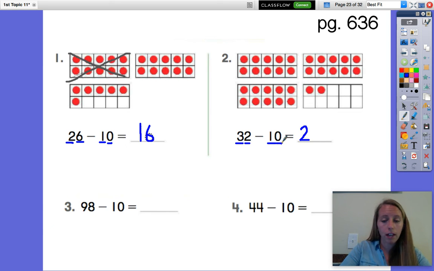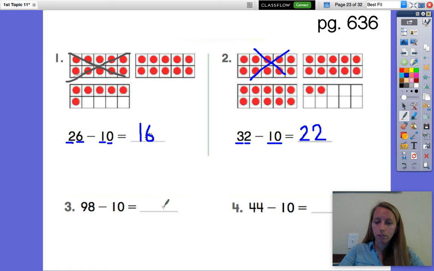Remember, anytime you add or subtract 0, it doesn't change. So the ones place stays the same. 2 minus 0 equals 2. So 32 minus 10 equals 22. Let's prove it. Let's take away 10 from our tens frames. We had 32 in all. We took away 10. How many do we have left? 10, 20, 21, 22. Check, check. We got our answer correct.